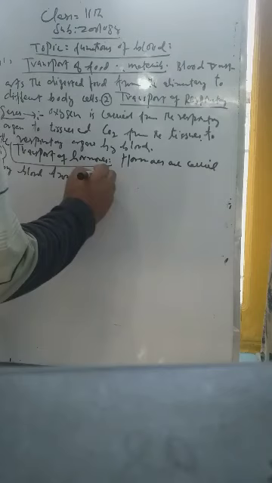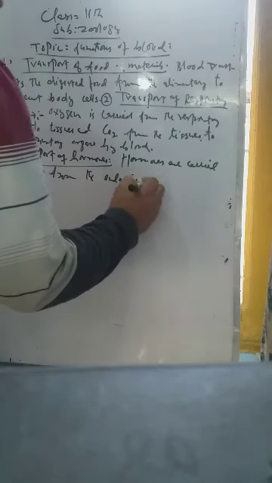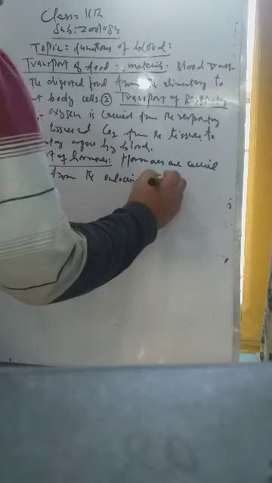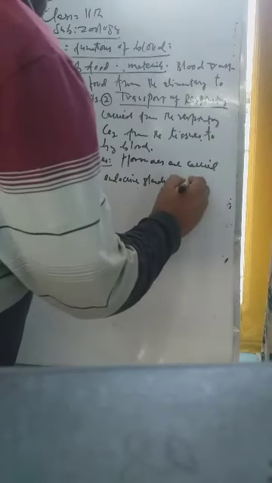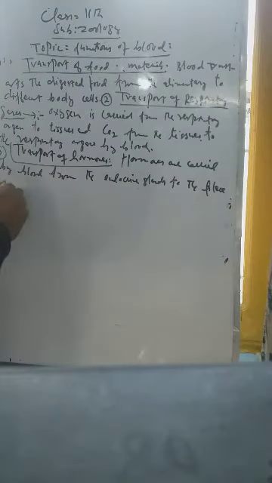So right here, transport of hormones: hormones are carried by blood from the endocrine glands to the place of use. After that, number 4 is here, transport of excretory matter.